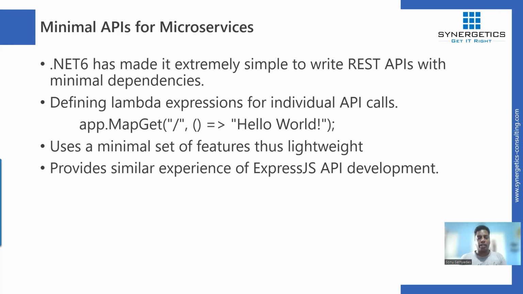The first argument is the API endpoint URL or route template, and the second argument is a lambda expression. The lambda expression acts as an action when you make a request to that API endpoint. You can have parameters to these lambda expressions. You can have dependencies that can be used in those actions.